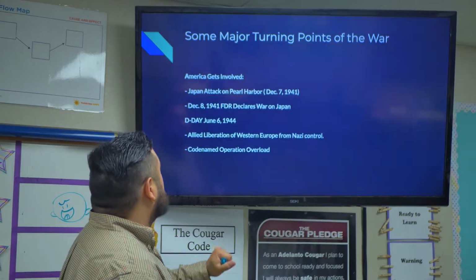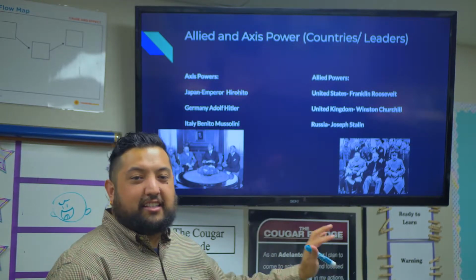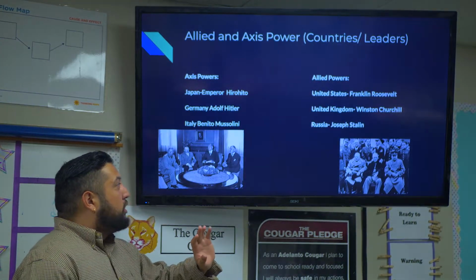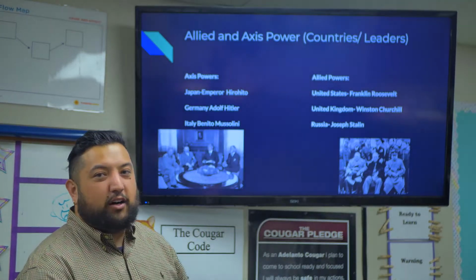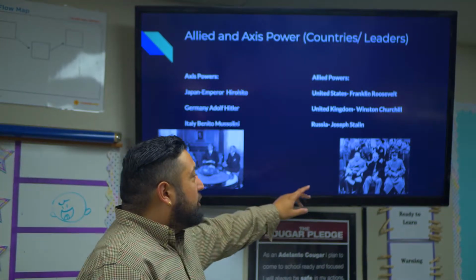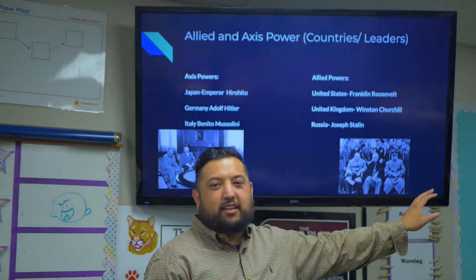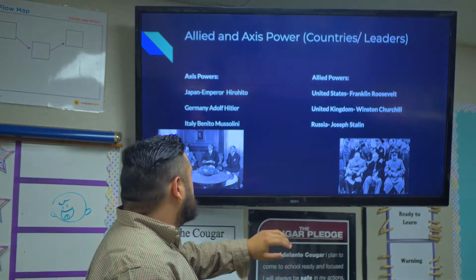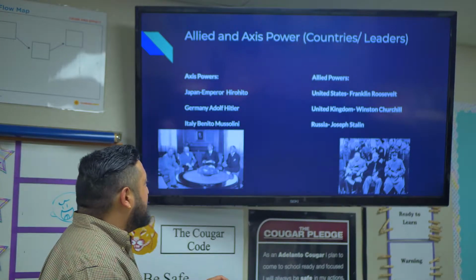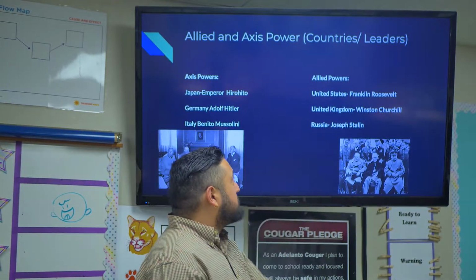On the next slide, we got the Allied and Axis powers once again. Like I said, there's a lot of countries involved in both Allied and Axis, but these gentlemen right here were the face of it, the poster boys of them. These two images right here are at some meetings. I think this one's the Yalta conference.